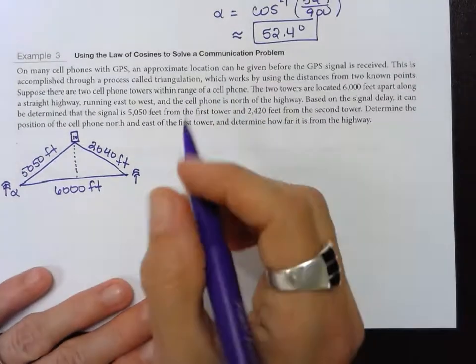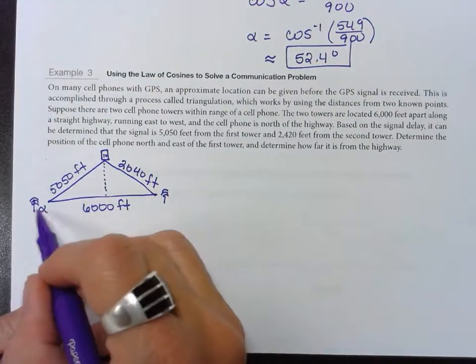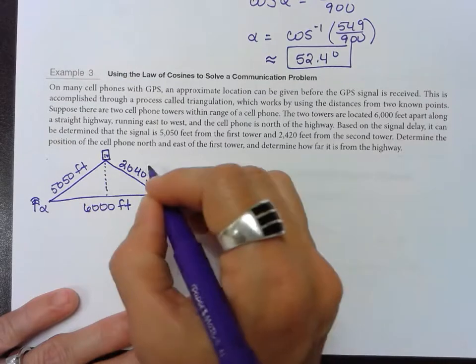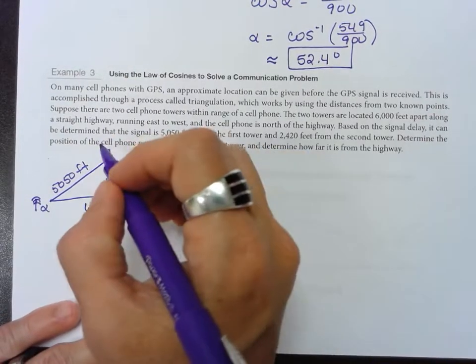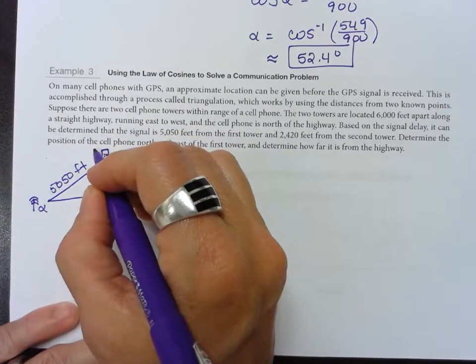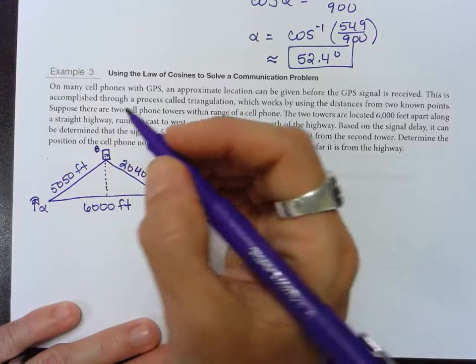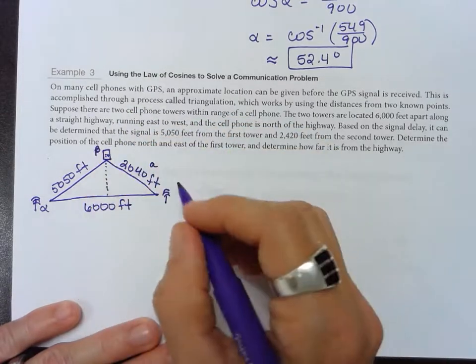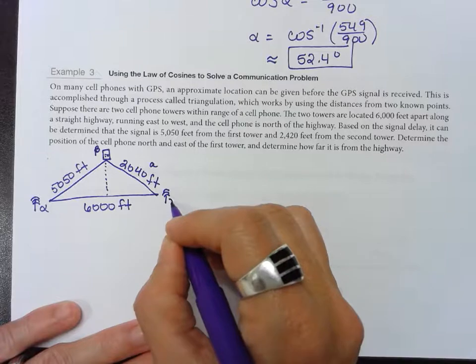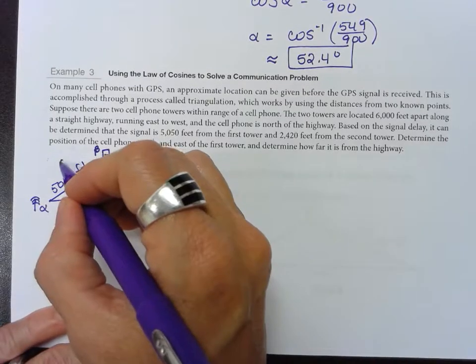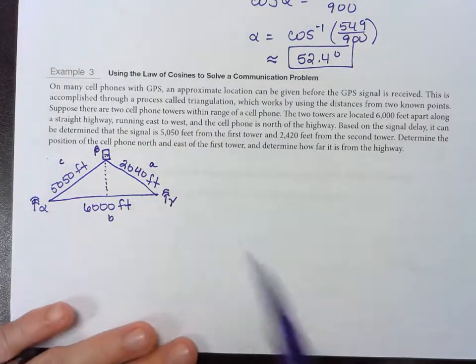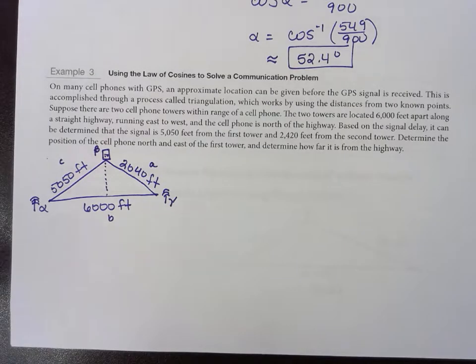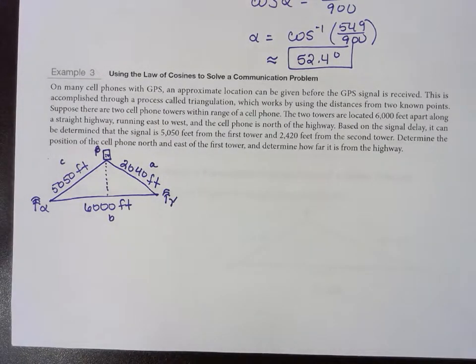So if this is alpha, then this is side A. Let's call this angle beta, and we'll call this angle gamma. So that means this is side C, and this is side B. If it helps you to label them, go right ahead and do that.